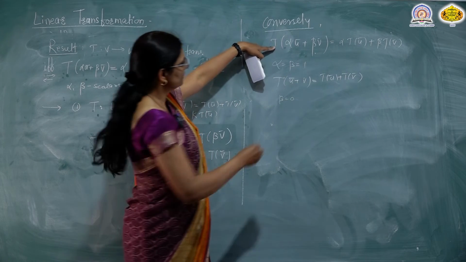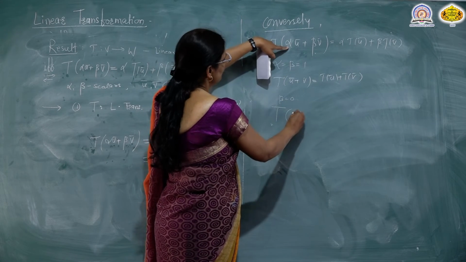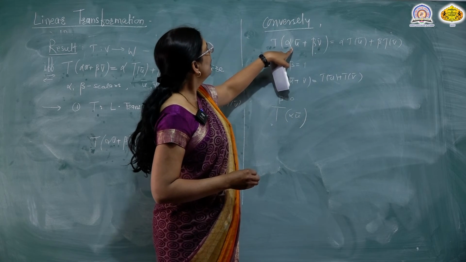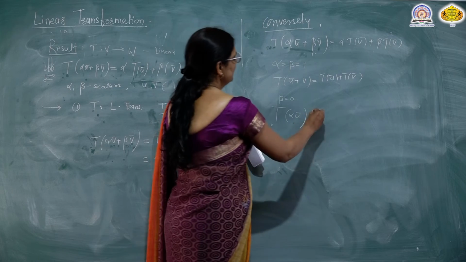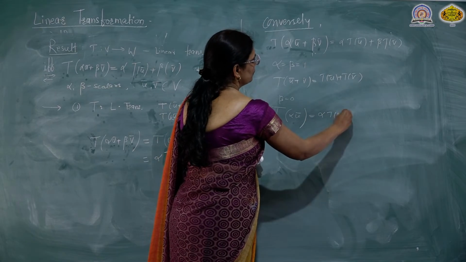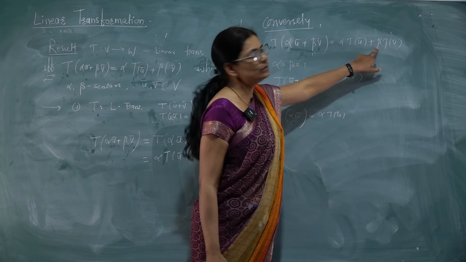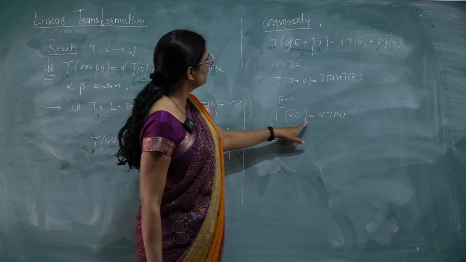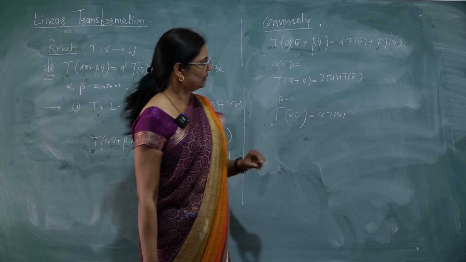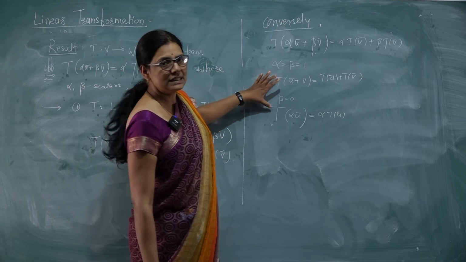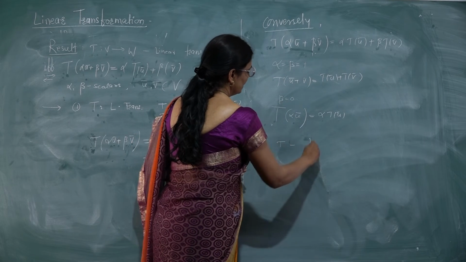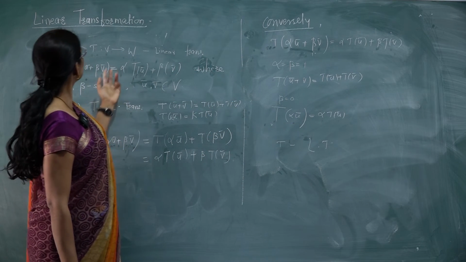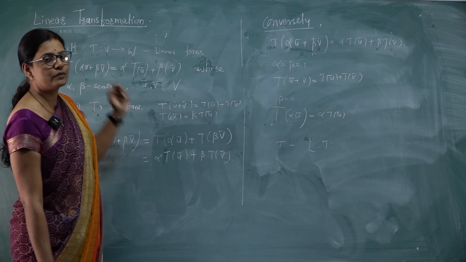If you put beta equal to 0, then the equation becomes T of alpha u bar plus 0 bar, which is the same as T of alpha u bar, equal to alpha times T of u bar, since beta, which is 0, times some vector is again a 0 vector. So this becomes T of alpha u bar equals alpha times T u bar. So T is a linear transformation here.